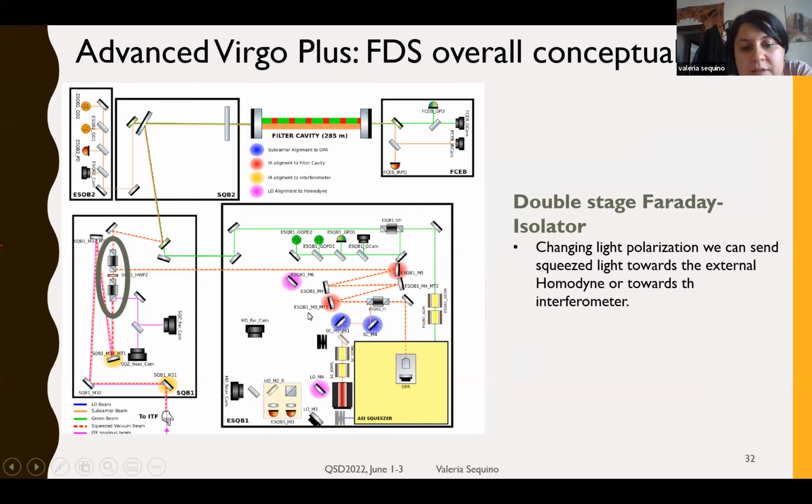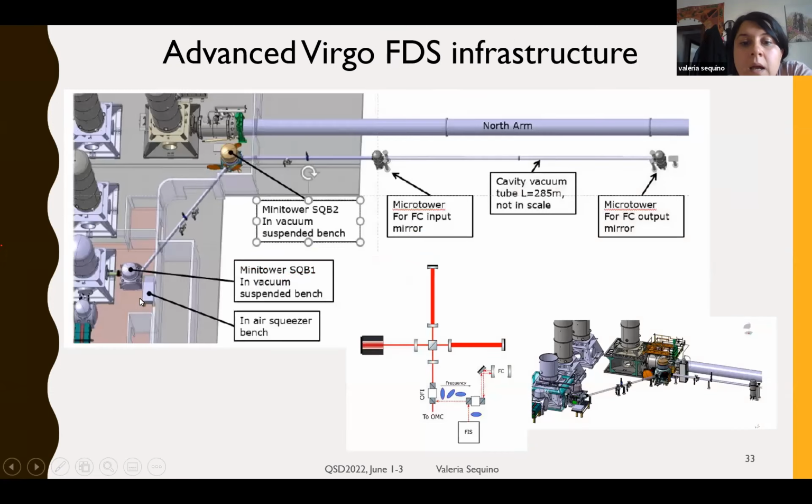This first case is useful to measure, independently from the interferometer, how much squeezing and the rotation of the squeezing angle. This is the infrastructure, and here maybe one can have an idea of how the system is done.